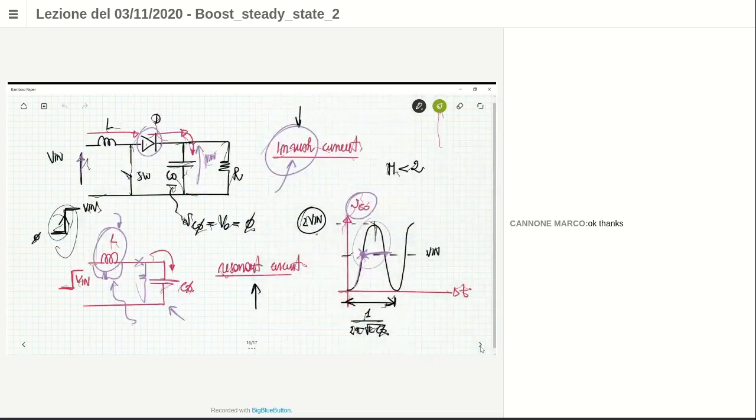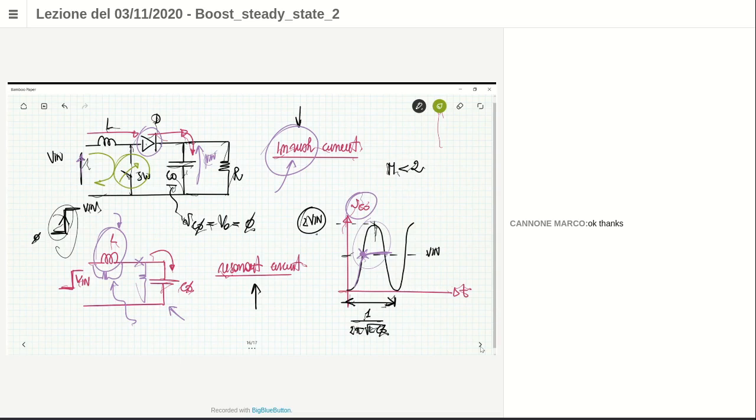In a boost converter, this cannot be used because the switch is in parallel to the power flow. So I cannot use the switch for managing this inrush current. In the situation in which I have turned on, if I close the switch, something worse happens, because now the current flows through the switch.